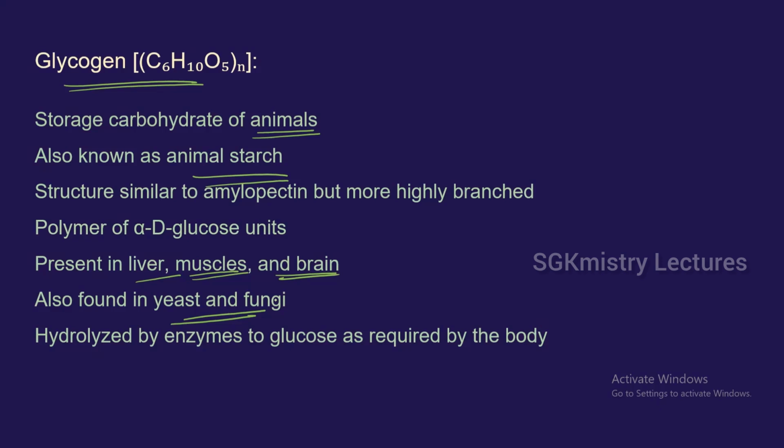So suppose the organism has a low glucose level, the stored glycogen can be broken down, hydrolyzed, to give glucose units, based on the demand of the body. If the body requires more glucose, the glycogen stored in the liver or muscles will be broken down to give glucose.